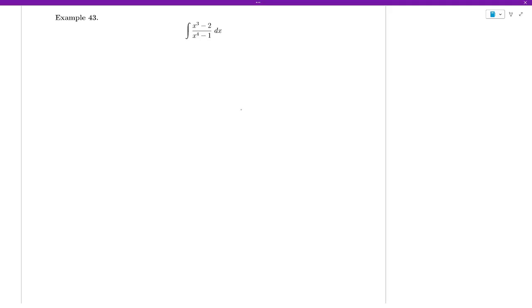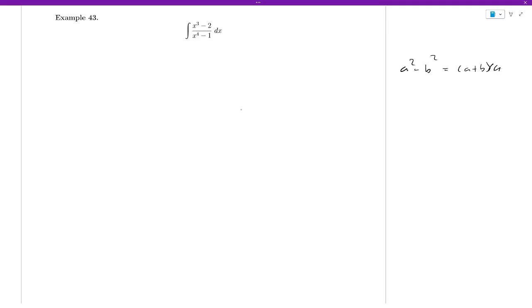Now the bottom is x to the 4 minus 1. So there's no obvious things that multiply to the last thing and add to the middle thing, because it's not a quadratic. So we have to be a little clever here. You might remember that thing we did earlier, the difference of two squares.